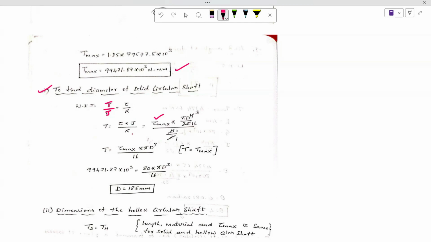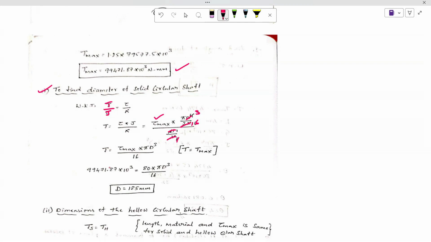R is the radius, that is d by 2. So one d cancels, d to the power of 4 becomes d cube, and 2 times 16... just divide. So the final equation will be T maximum equal to maximum shear stress multiplied by pi d cube divided by 16.